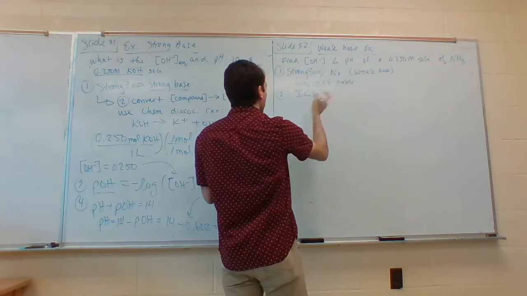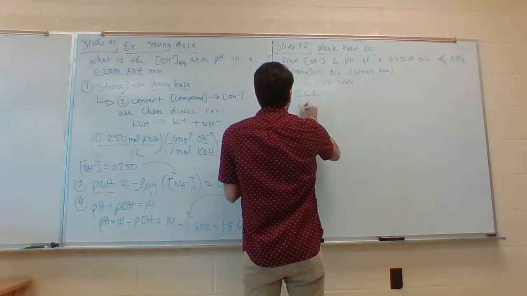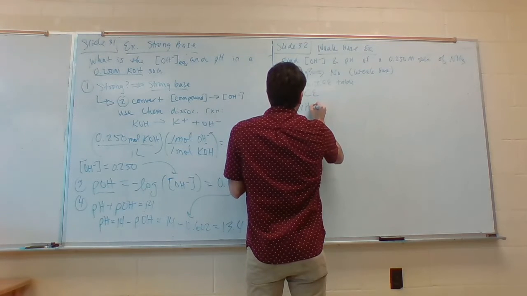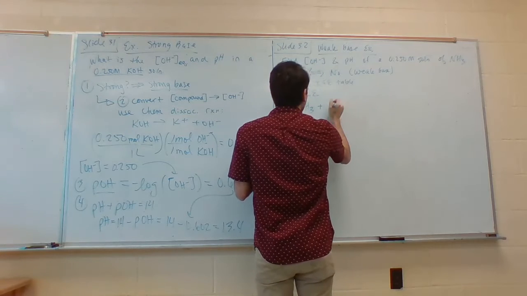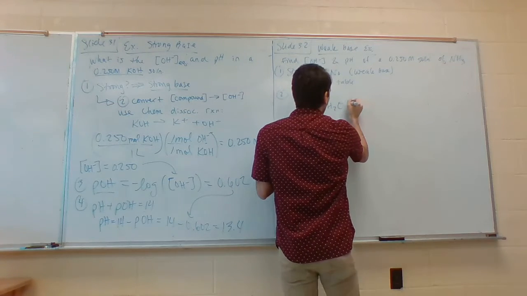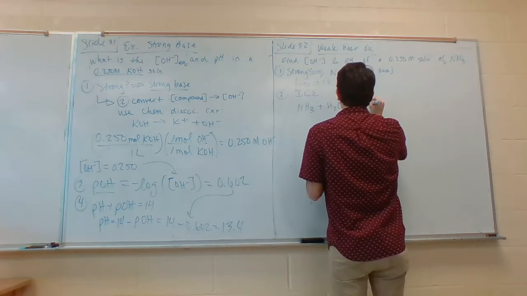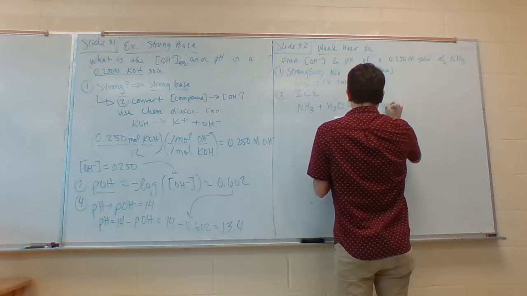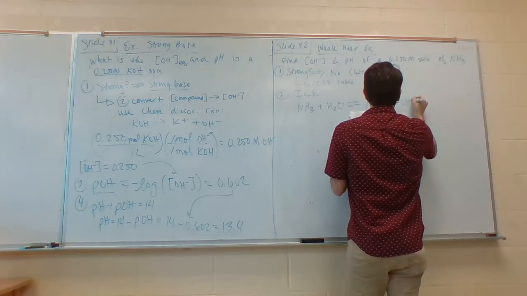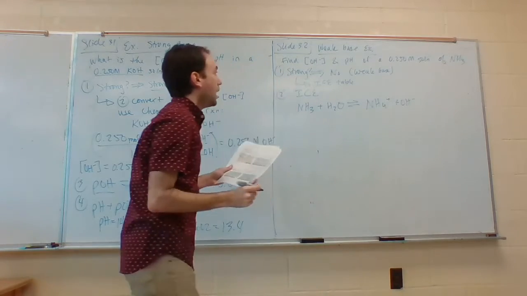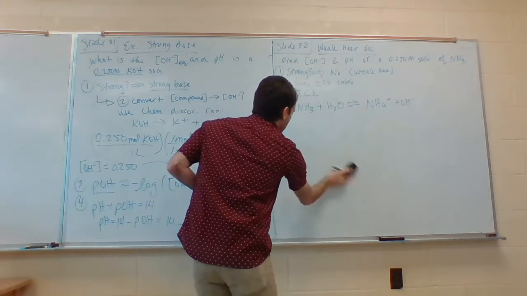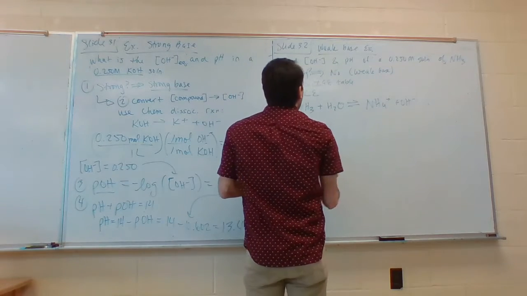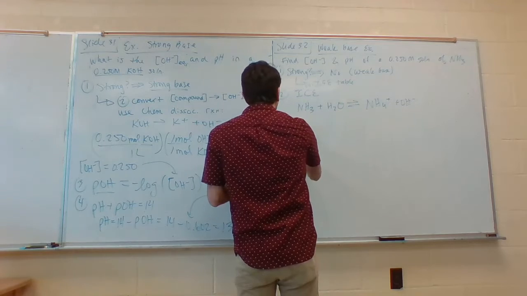And the way that we do that is we write our dissociation reaction, which is NH3 plus H2O in equilibrium with NH4 plus and OH minus. Okay. And then ICE.